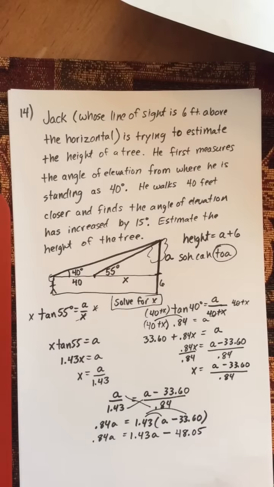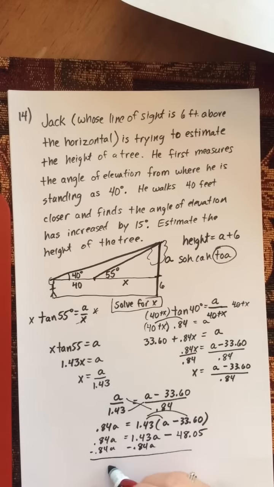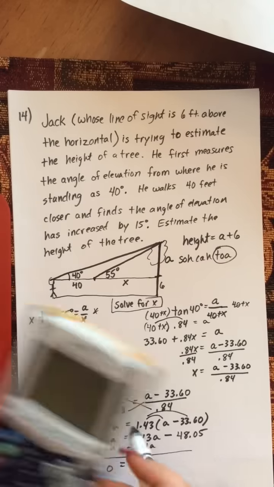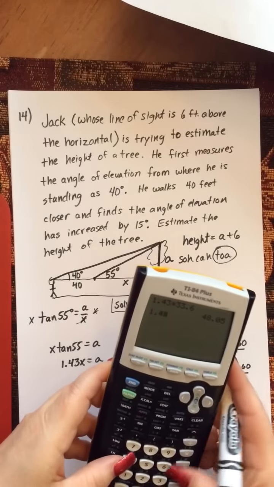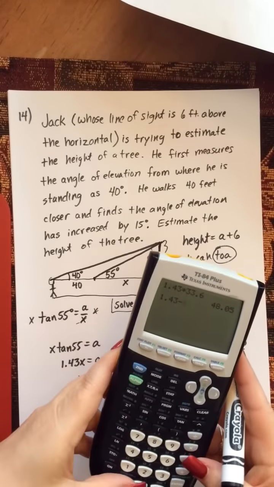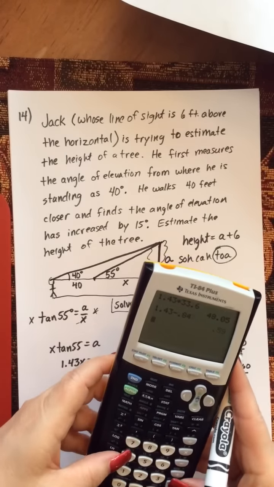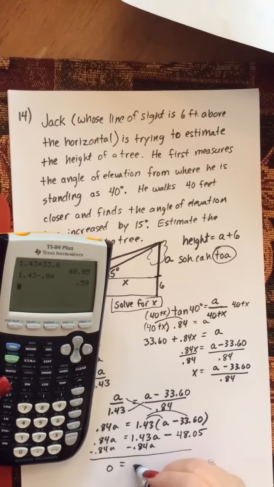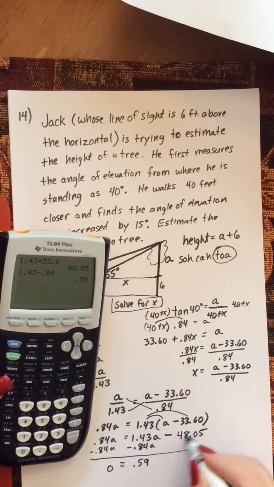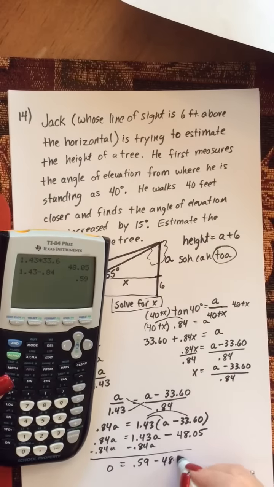Remember, when you're trying to solve for a variable, you try to get it by itself. So I'm going to subtract 0.84a from both sides. So that'll give me 0 is equal to 1.43 minus 0.84, and I get 0.59a, and then minus 48.05.